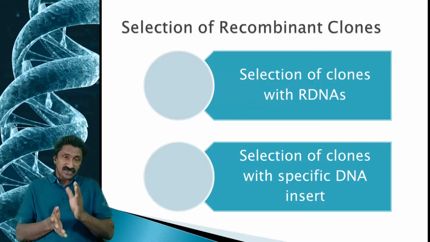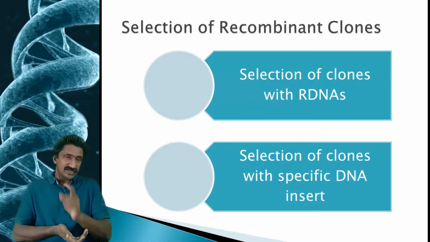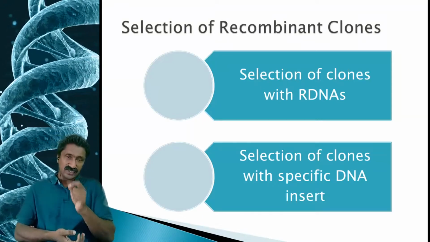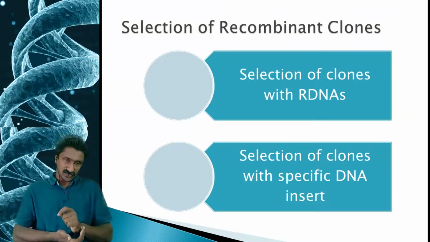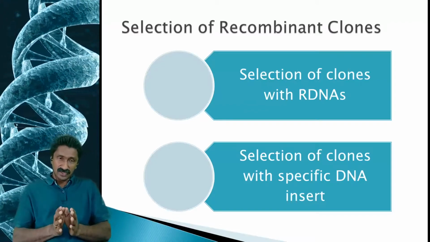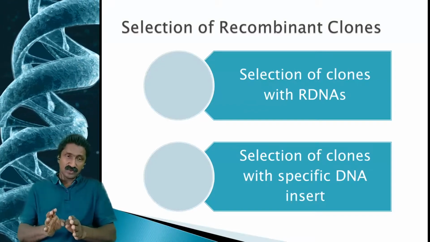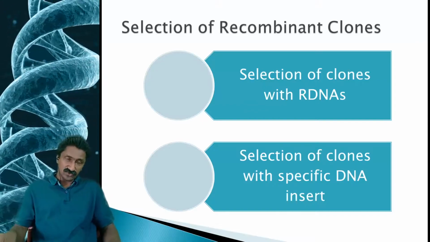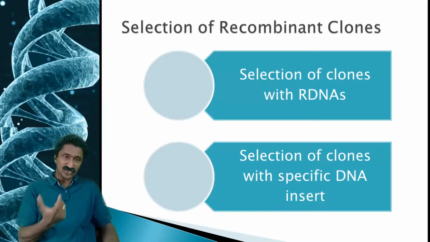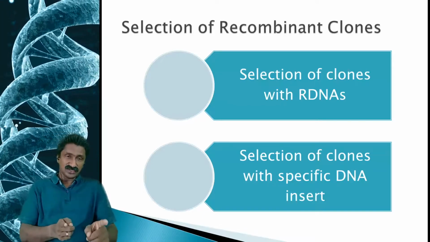But that first step doesn't ensure that it is your desired DNA. Only in the second step is the specific DNA construct verified. The first step is the verification of the clones with the rDNA. The presence of a foreign DNA insert doesn't mean that the DNA construct which is incorporated is your desired one.